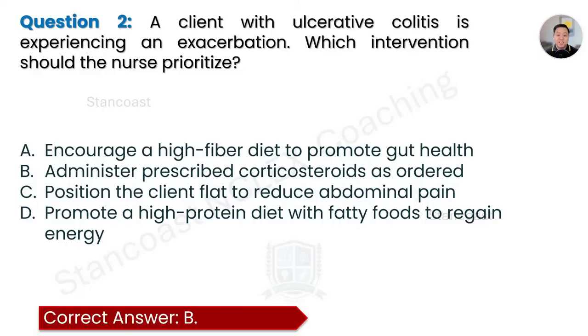So you need to keep in mind, make sure that you recognize the dietary contraindications during exacerbation. Avoid foods that can worsen inflammation or irritate the mucosa. And you gotta eliminate those options suggesting diets that include irritants such as fats or fiber when managing acute symptoms.